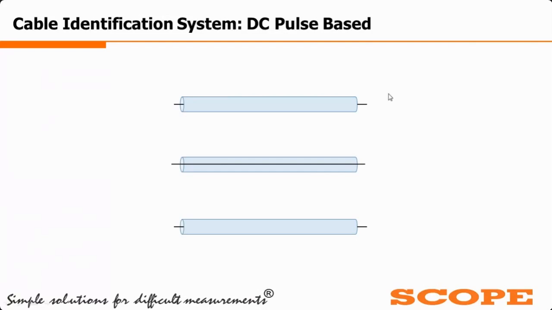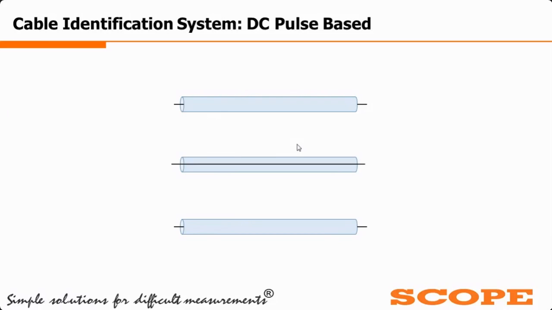Let us consider these are 3 cables present in the trench, in which the middle one is the faulty one which we have to cut. If we find these 3 cables at this trench, then we have to identify our exact wanted cable.